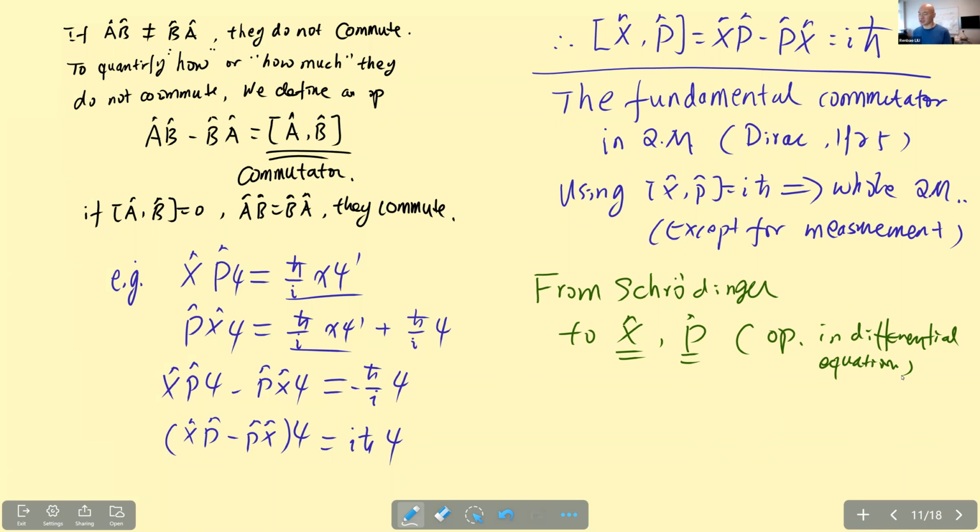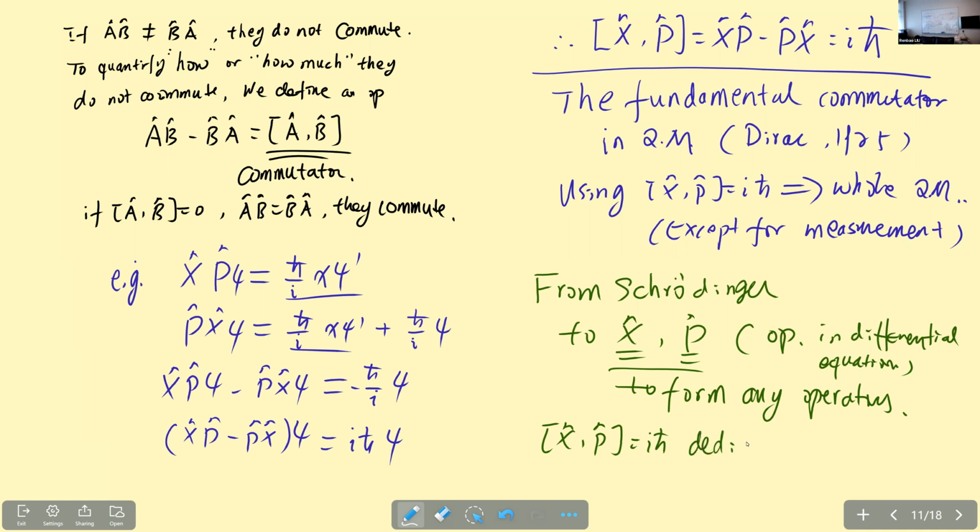So that means you can use x or p to form any operators. And then this commutator will dictate all kinds of differential equations in quantum mechanics.